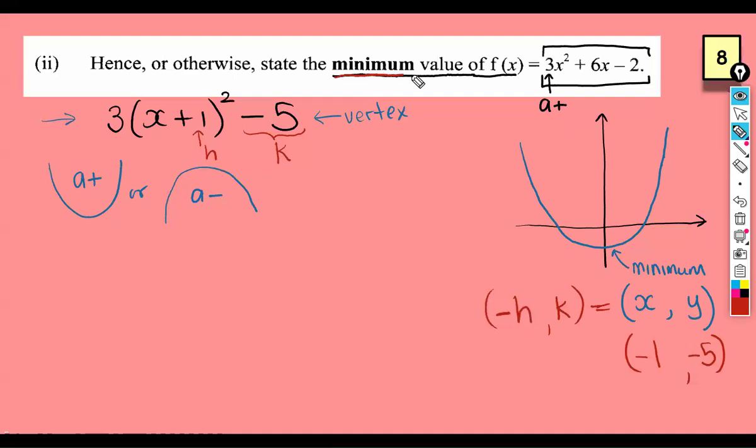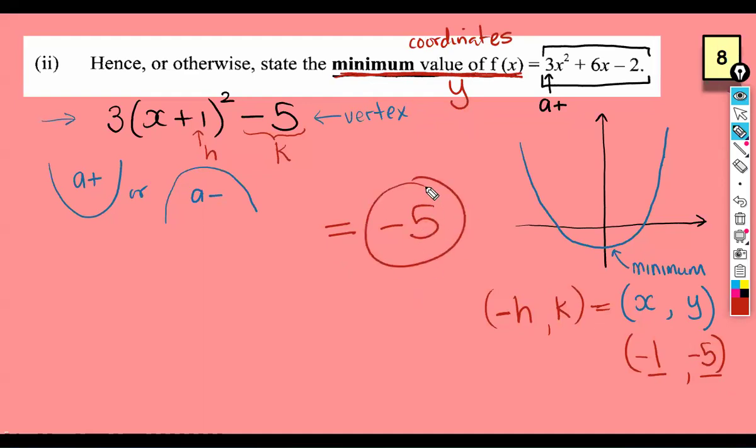However, whenever they ask you for the minimum value, they didn't ask you for the minimum coordinates. If they said minimum coordinates, they want the x and the y. But whenever they say minimum value of f(x), they only want the y value. So the official answer for this question is the y value, which is minus 5.